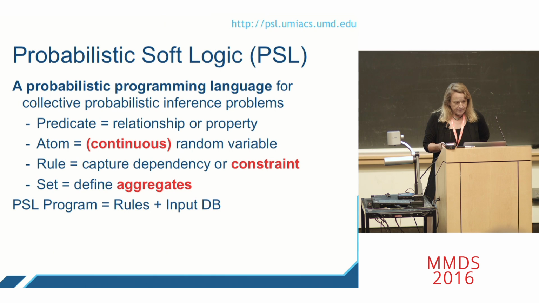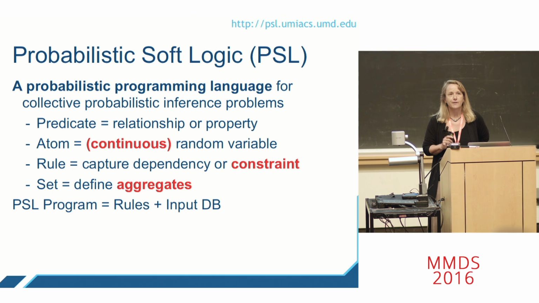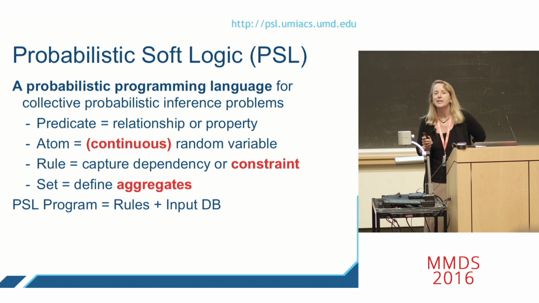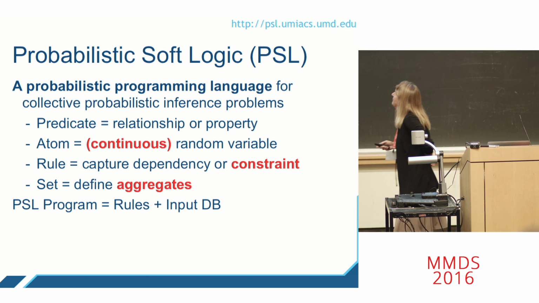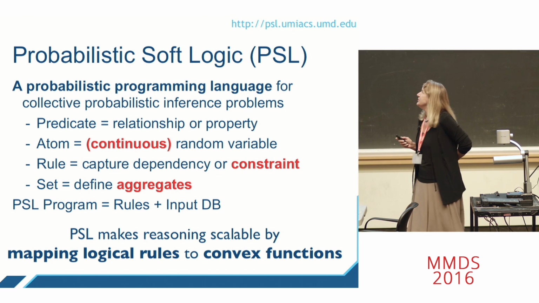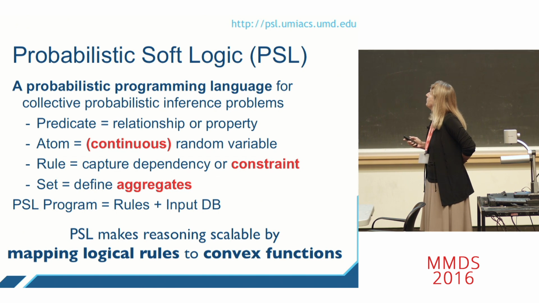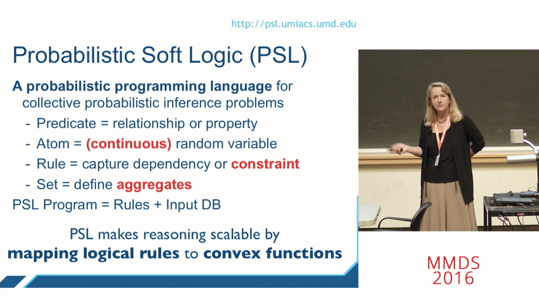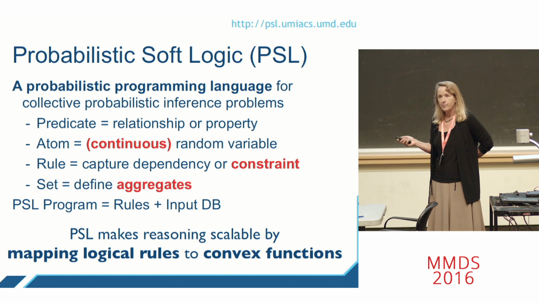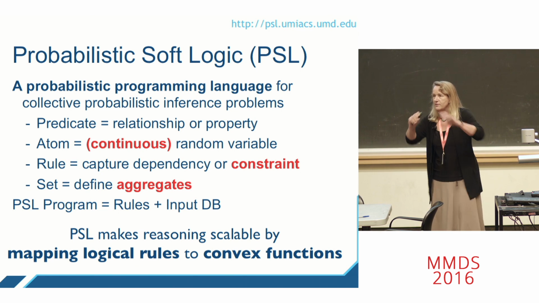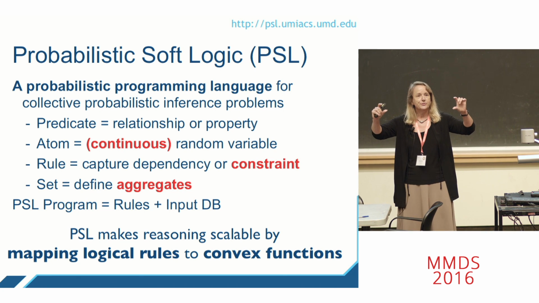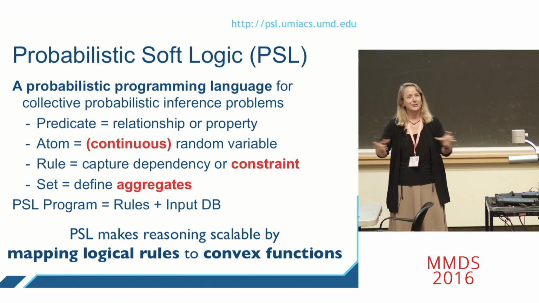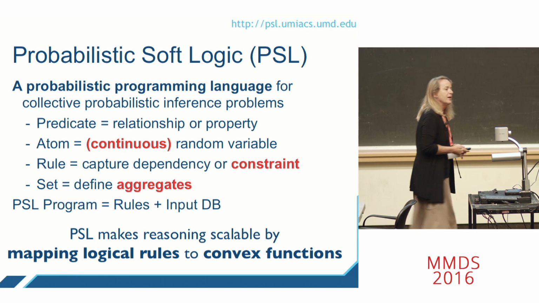So at this point, I've tried to give you cartoon examples of some useful flavors of PSL programs. But what's interesting is we're going to make all of this tractable by mapping these things that look like rules into convex functions and then show how to combine them.